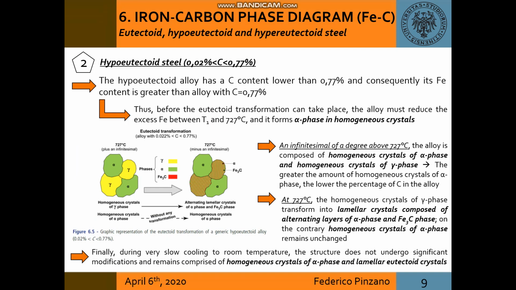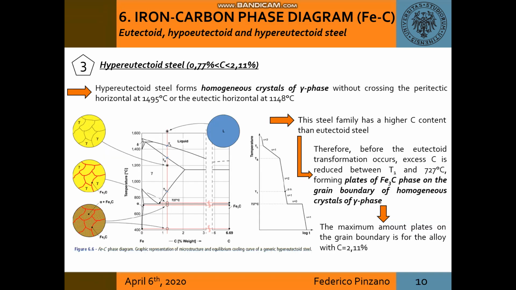Whereas this kind of steel has a greater iron content compared to eutectoid steel, an infinitesimal degree above 727 Celsius degrees, the alloy is composed of homogeneous crystals of alpha phase and homogeneous crystals of gamma phase. Instead, at 727 Celsius degrees, we can observe homogeneous crystals of alpha phase and lamellar crystals with alternating layers of alpha phase and carbides. This is also the final structure at room temperature.